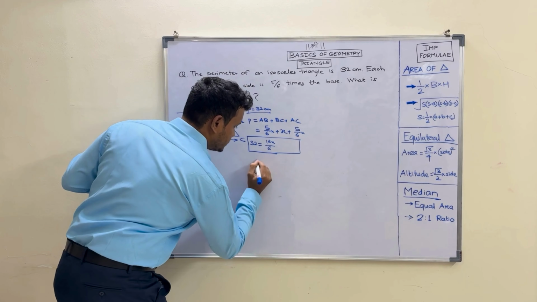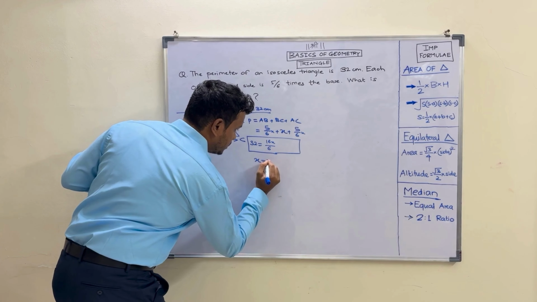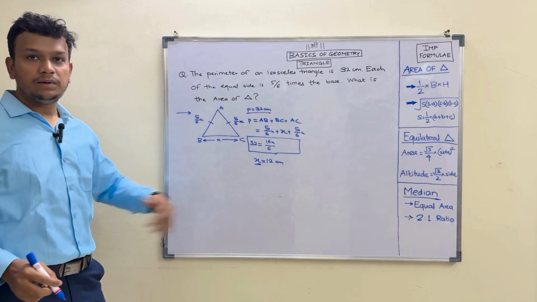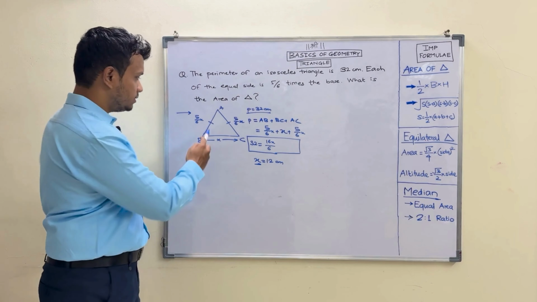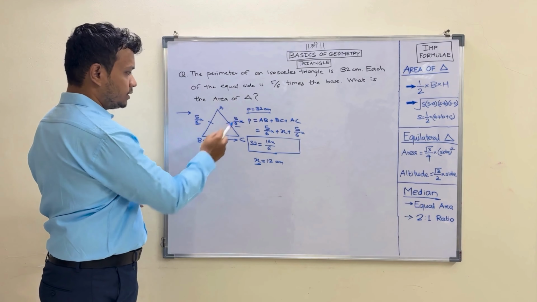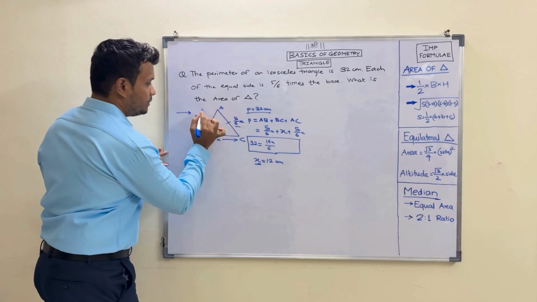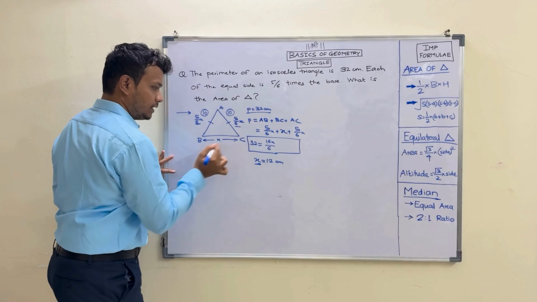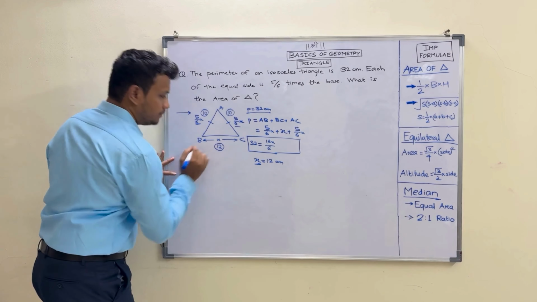So what will be my x? x will be 12 centimeters. So my base is 12 centimeters. If I put this x in all these values, I'll get AB as 10, AC as 10, and BC, which we took as x, is 12.